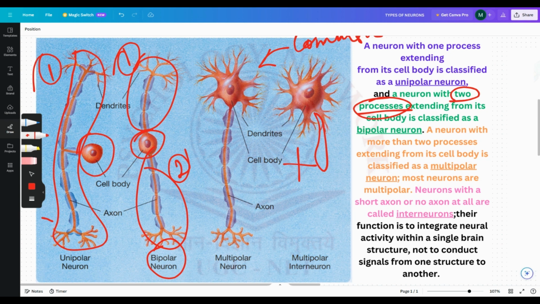We know that usually the signal comes from another neuron here, and it releases chemicals which are called neurotransmitters, and then again the same process goes in this direction usually. So that is the conduction of signals, but in interneuron there is no conduction of signal.